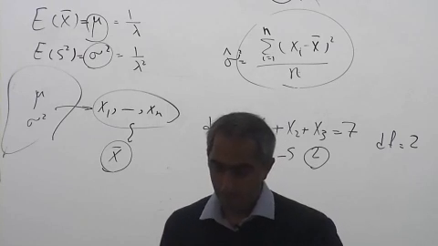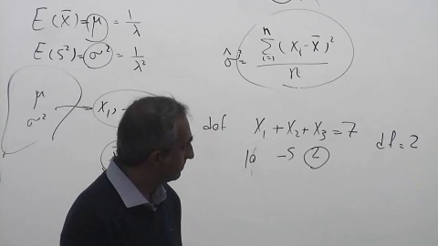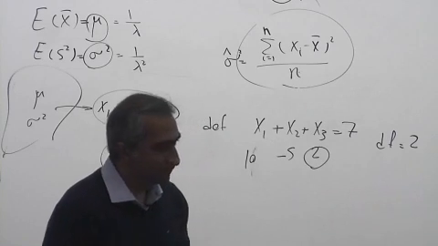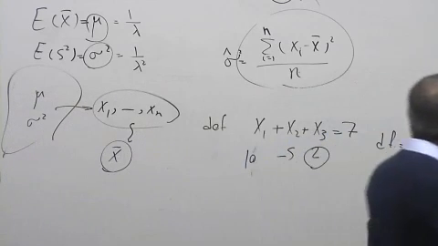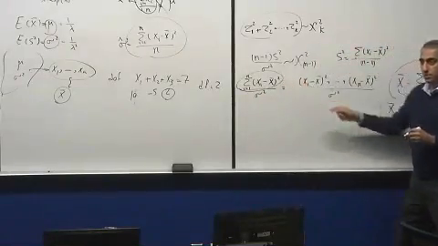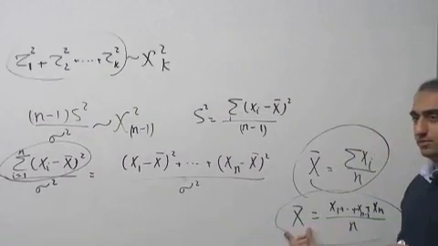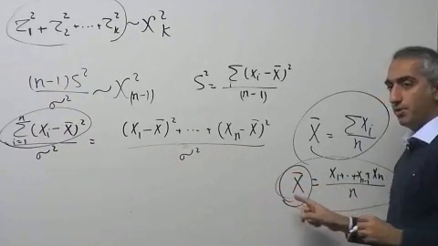Okay? Go ahead. Shouldn't it be that the x bar is constrained by x's, not the other way around? When you say that, put it this way. When you are calculating s squared, you already know the x bar value. Okay? So let's say somebody gives you the x bar.